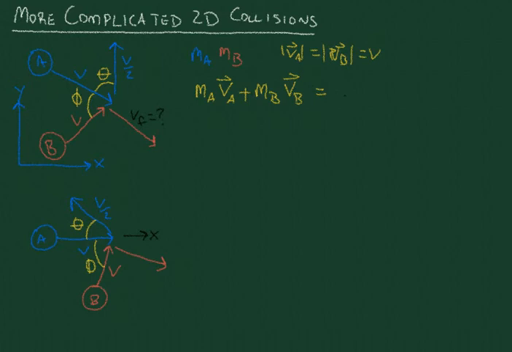It's not true for the magnitude of the velocities. The magnitude of the momentum is not necessarily conserved. It's just the actual components of the momentum that are conserved. And I think that's a very important point to stress.